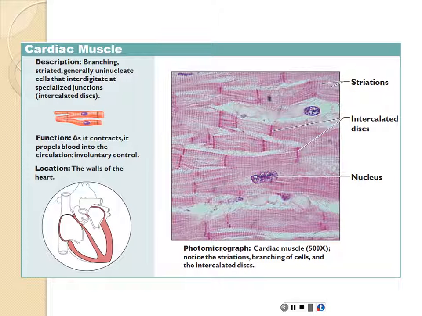Okay, the striations, it's probably hard for you to see it from here, but they're all through here. And then the cardiac muscle also has these thicker connections called intercalated discs, and they connect one cardiac muscle cell to another. So this is one cardiac muscle cell. The two intercalated discs tell you where one ends and another begins.